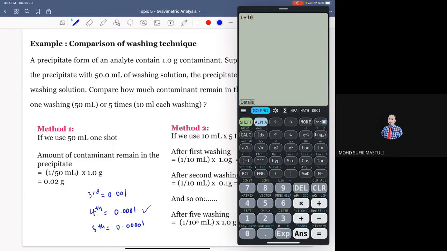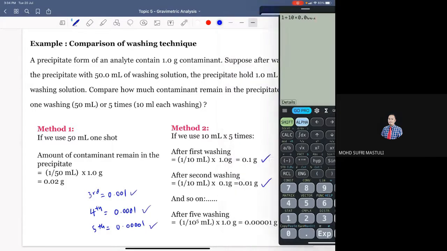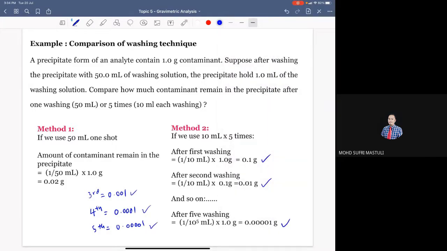You can try 1 over 10 times 0.001, and you can obtain this. 1 over 10 times 0.01, you can obtain this. 1 over 10 times 0.0001, you can obtain this. So the amount of contaminant will be lesser if we wash it using method 2.